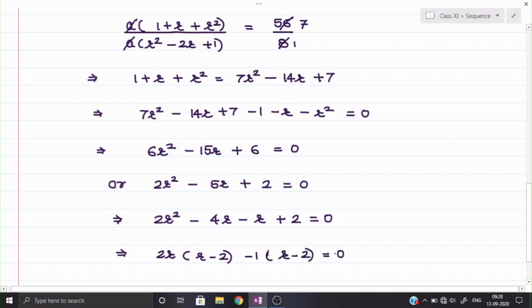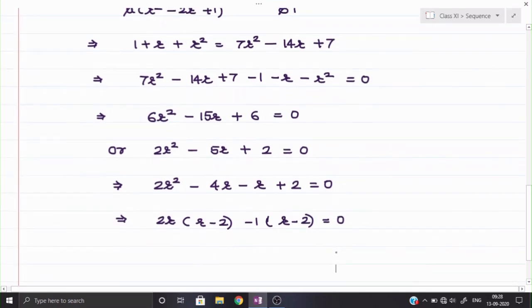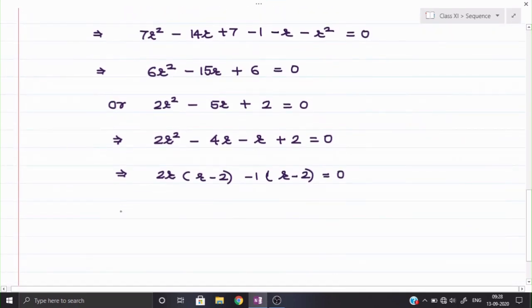So finally what value are we going to get? R minus 2 will be common, remaining is 2R minus 1 is equal to 0. Now you know how to compare with 0, so R will be equal to 2 and 1 upon 2. That is the value of R.